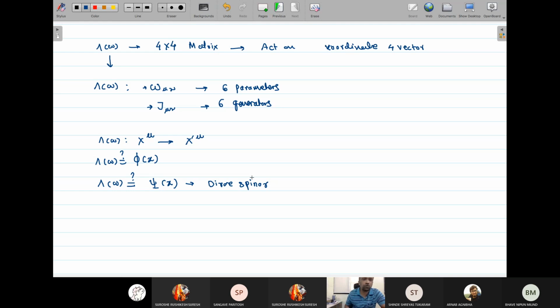I don't know this. So now we have to begin our study of representations of Lorentz transformation, different representations of Lorentz transformation.